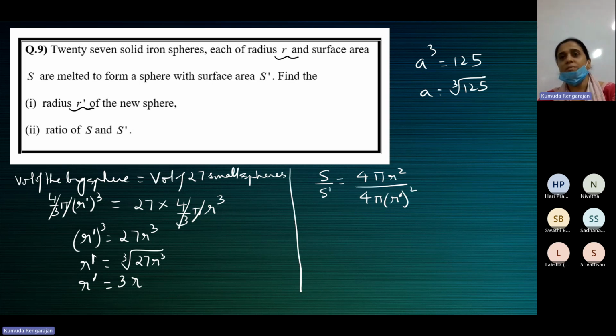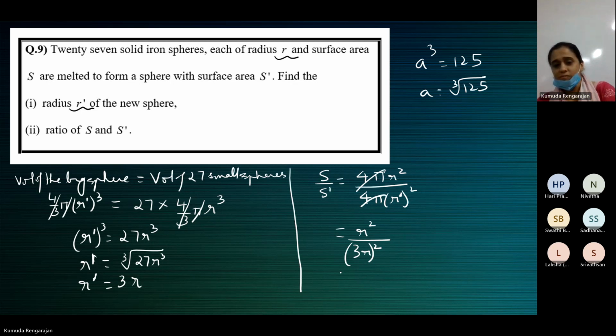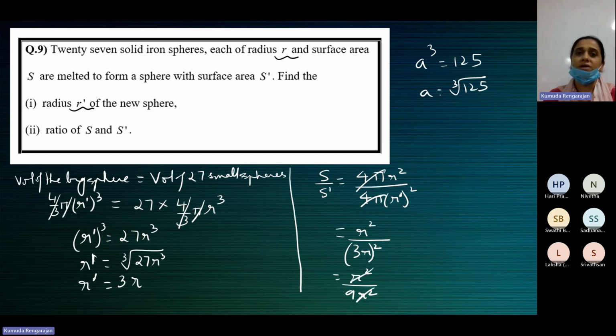S to S dash is 4 pi R square by 4 pi R dash square. So 4 pi gets cancelled, correct? So R square by, what is R dash? 3R. Don't write 3R square like this. 3R whole square. So now this will be R square by 9R square. R square cancels, so 1 by 9. So the required ratio is 1 by 9.